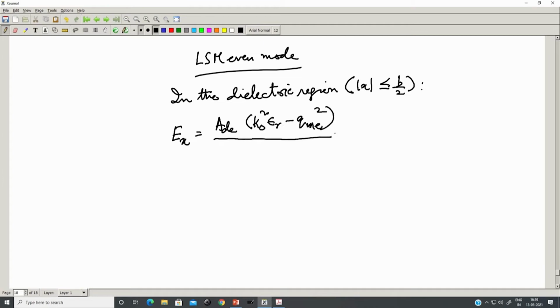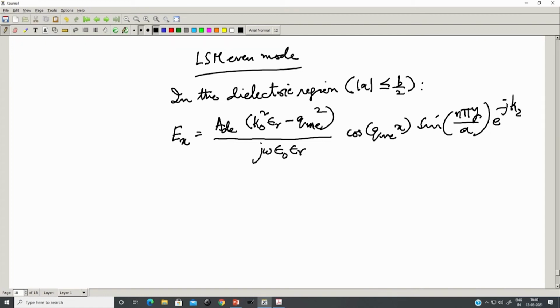Please verify these expressions by j omega epsilon naught epsilon r cos q m e x sin n pi y by a e to the power minus j k z e z. Okay. So, as we said that these expressions are the one which are obtained from A is equal to u x psi, which we already wrote down before.